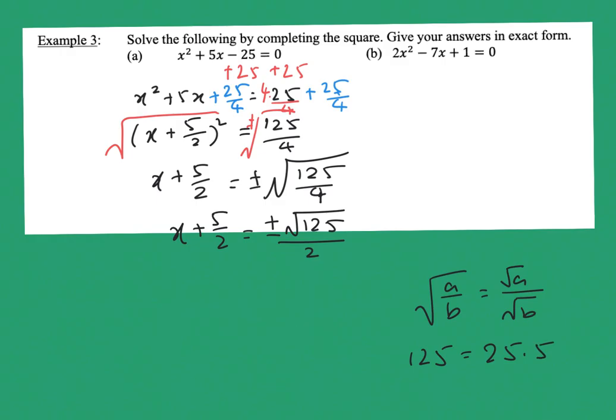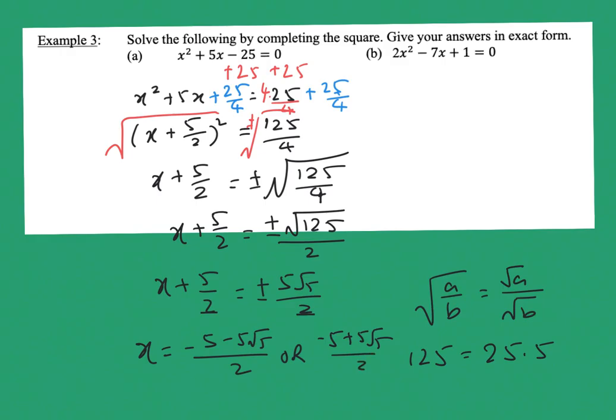So the right-hand side becomes positive or negative, square root of 25 is 5, and then root 5 over 2. So x is equal to negative 5 minus 5 root 5 over 2, or negative 5 plus 5 root 5 over 2. So this is the answer in exact form.